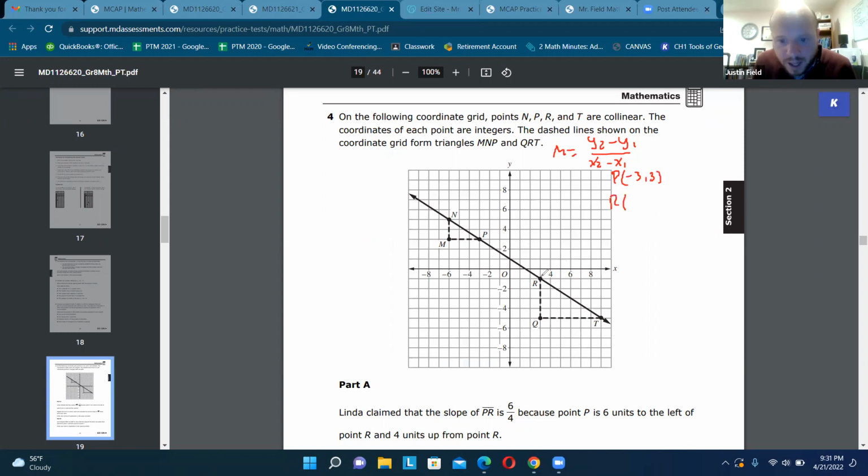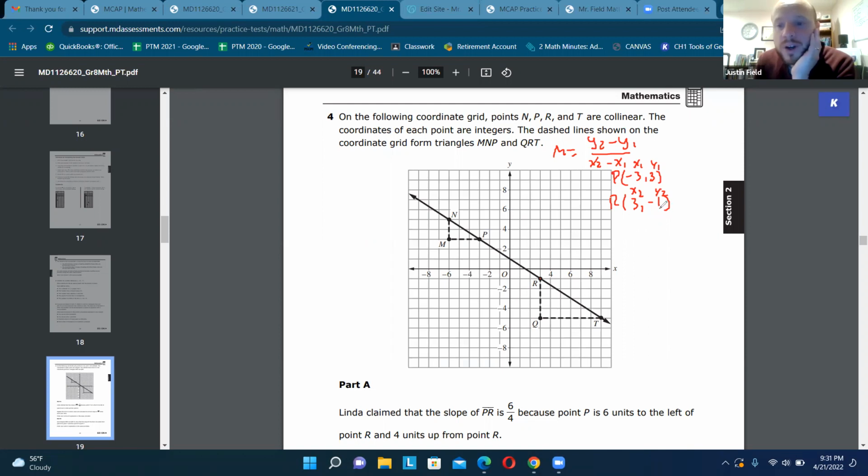R is at 3, -1. Now I'm going to label my points. This is X1, Y1. This is X2, Y2.